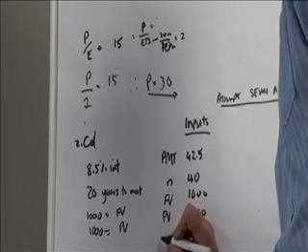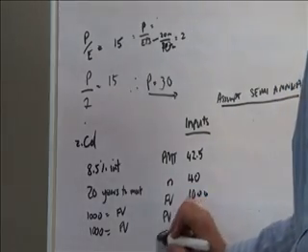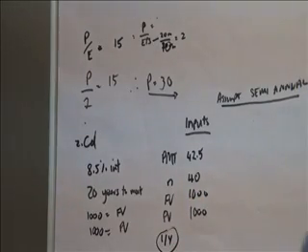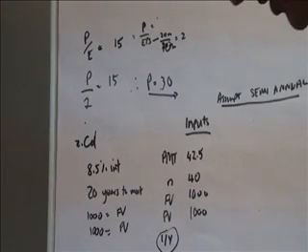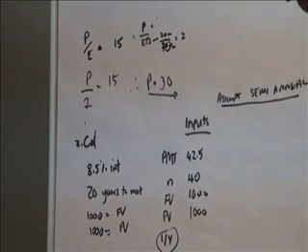Therefore, what does my interest rate equal? Solve that. Okay? So let's just quickly punch that in. 42.5 payment. 40 N, 1,000 future value, and 1,000 present value negative.